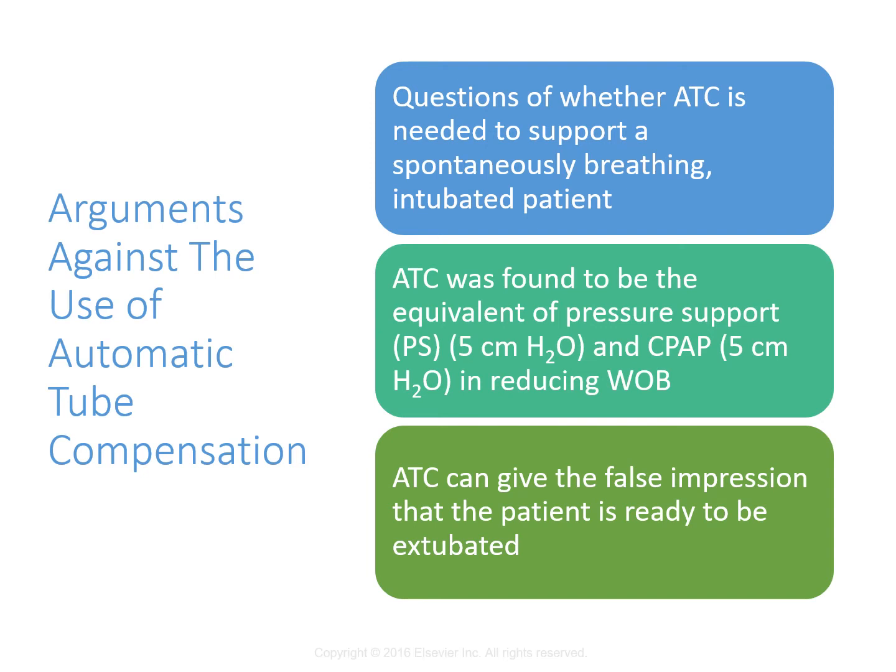When we're looking at this, is it needed to support someone that's breathing spontaneously, right? Until their minute ventilation exceeds 10 liters a minute, the effect of the tube really may not be significant for some patients. So it may be no issue unless their minute ventilation is pretty high. If they have a high minute ventilation, usually that's where we're going to see more issues with the resistance of the tube.